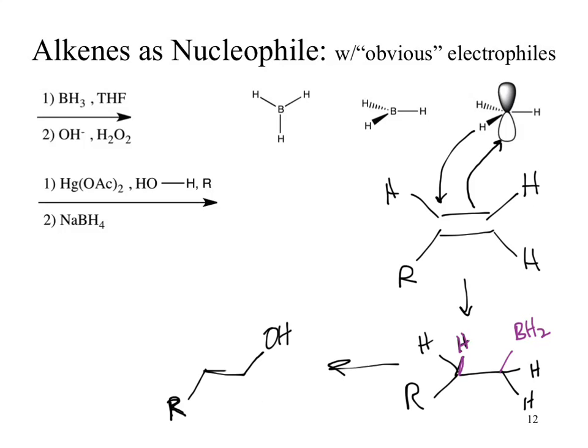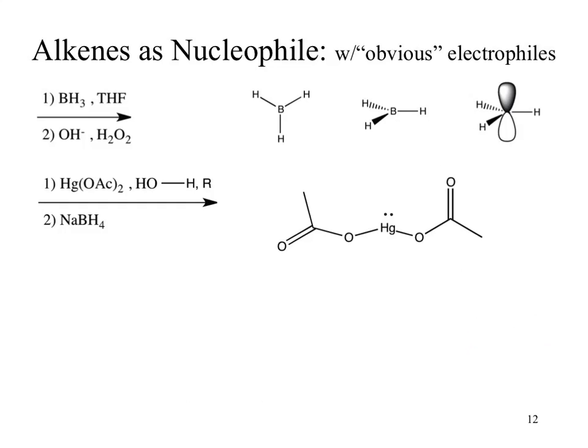The other big one we've got here is the mercury. I drew out the structure of that mercury acetate ion. When we put that into solution, it decomposes because those acetate ions are incredibly good leaving groups.